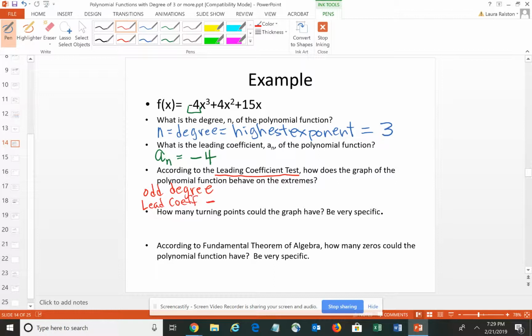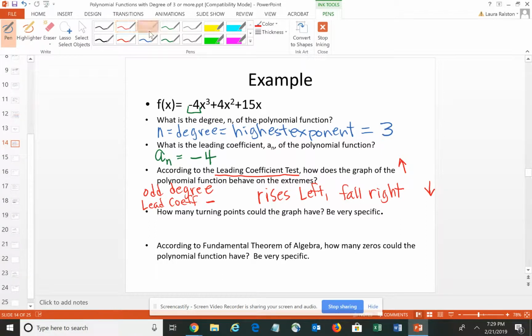So if I go back and look at those options, I believe that we would find that it's going to rise on the left and fall on the right eventually. So eventually it's going to go up on the left-hand side and down on the right-hand side.